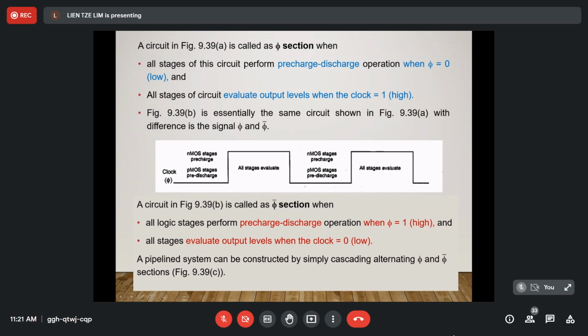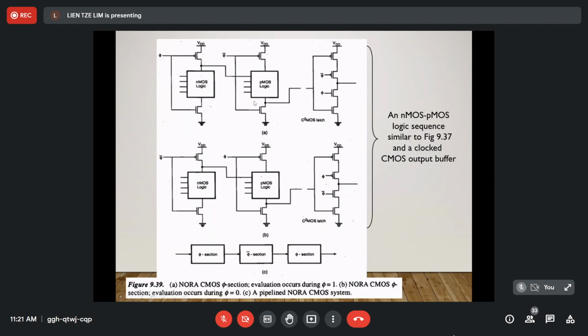When the clock signal is low, all stages of this circuit perform pre-charge and discharge operations, and when the clock is high, all stages of the circuit evaluate the output level. You see here in figure 9.39A, the clock goes to this circuit with the NMOS logic block.